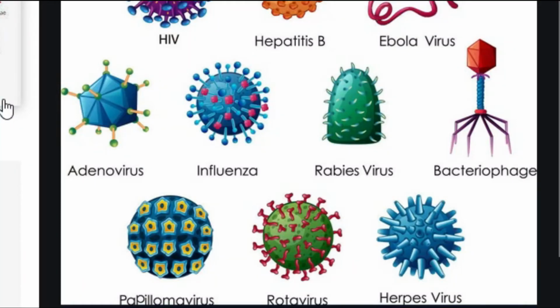So now I'm going to show you some of the different types of viruses that are out there. And remember, there are many different types, well above and beyond these ones. These are just examples, and this is just going to give you a basic illustration.